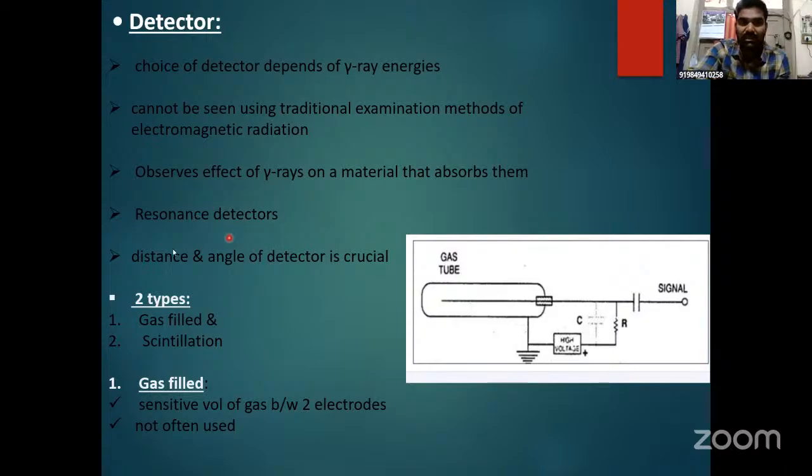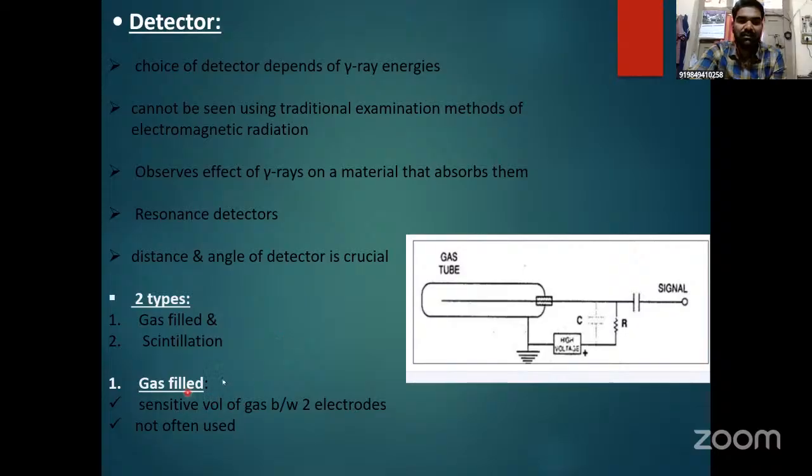The distance and the angle of the detector are crucial. There are two types: the first is gas filled, and the second is scintillation.